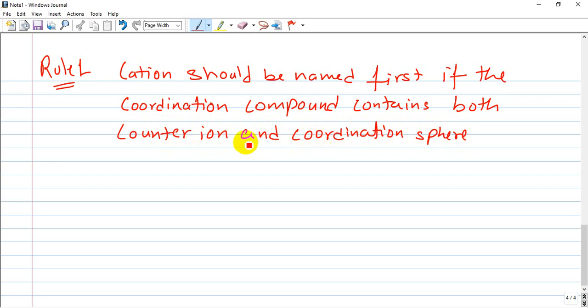So whether that cation belongs to the counter ion or the coordination sphere, we always write the cation first when writing the formula.